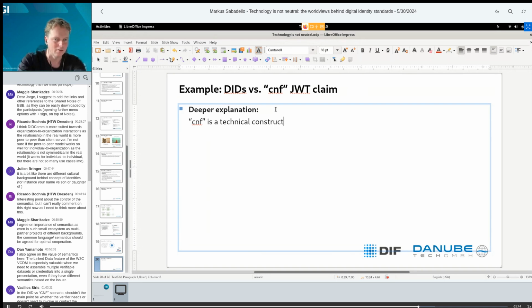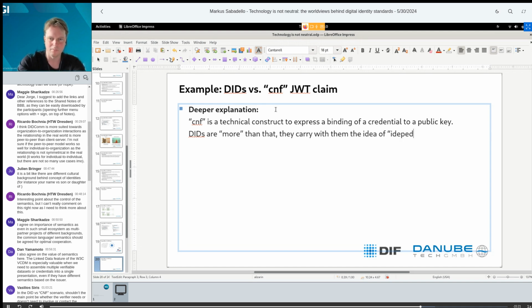The technical construct expresses binding of a credential to a public key, and DITs are more than that. They carry with them the idea of independent existence and self-sovereign identity.